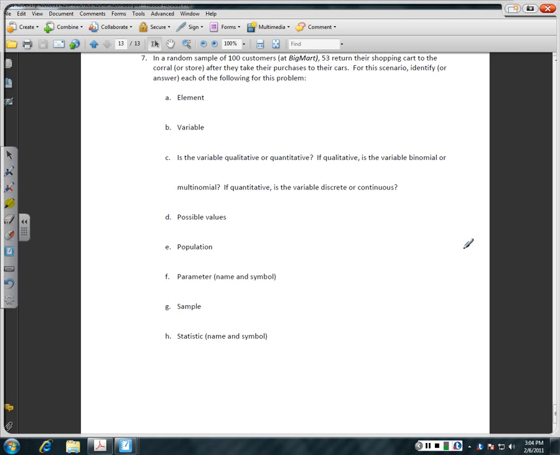So one element is one customer. So population, all customers. Sample is a random sample of 100 customers.